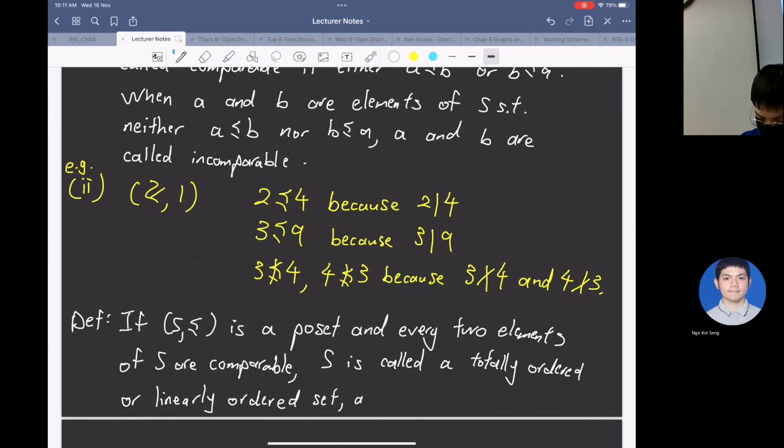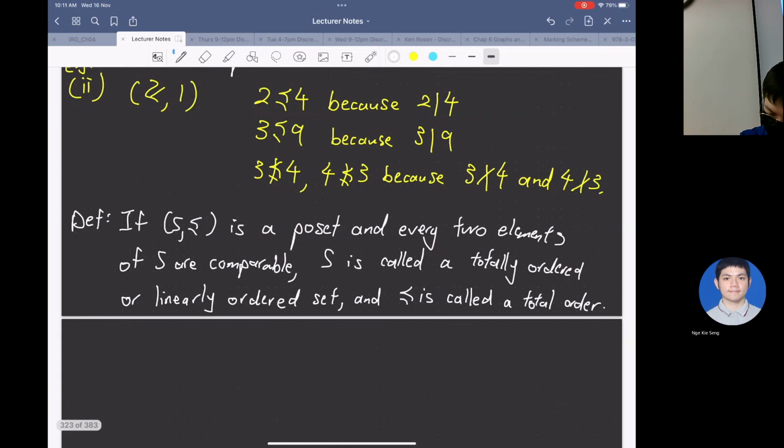The less than relation is called a total order. You can order everything, so totally you can order them. Sometimes we call it a linear order, but that's not important. A totally ordered set is actually what we call a chain.